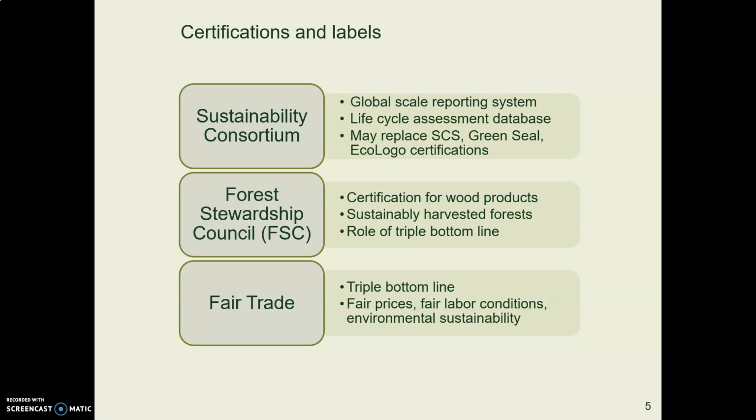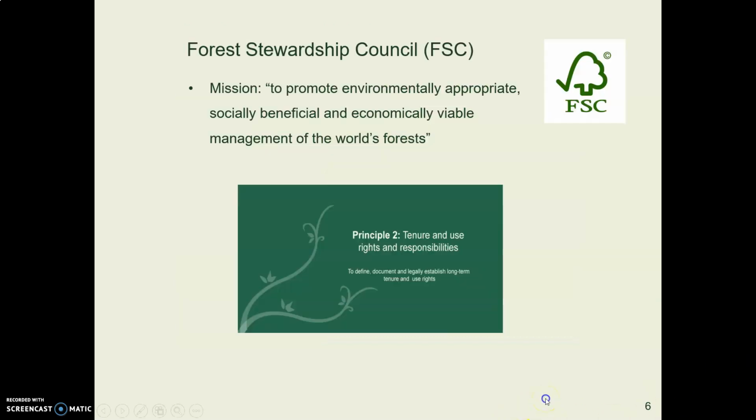Let's now look at the one in the middle here, the FSC, or Forest Stewardship Council. This is the one that you will run into when you're dealing with both paper and wood products, and this relates to green building stuff. So Forest Stewardship Council is about promoting sustainable management of forests.